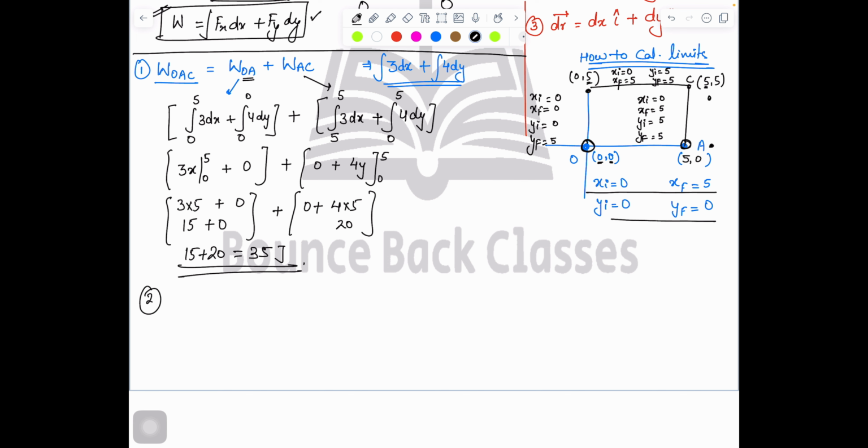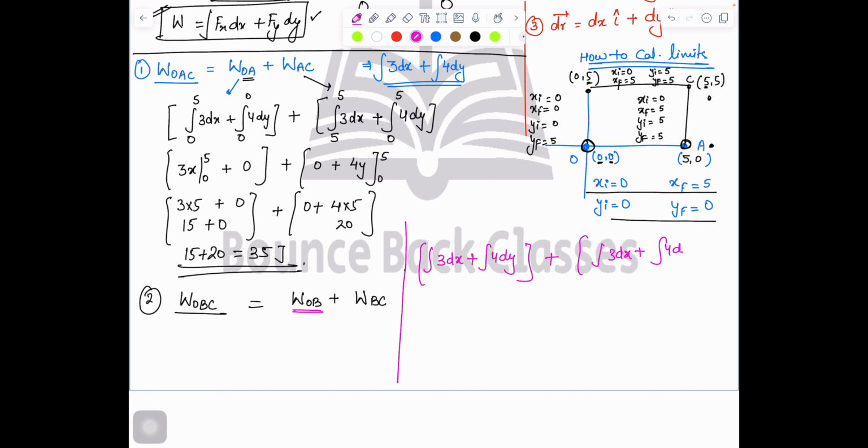Okay, I'll solve now the second part. Work done along OBC. First step, WOB plus WBC. You have the same values, just divide them into different parts. WOB, you have same value, integration 3 dx plus integration 4 dy. Yes or no? First part. Plus same thing, integration 3 dx plus integration 4 dy.